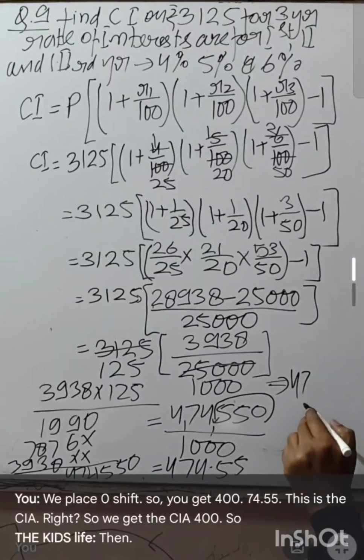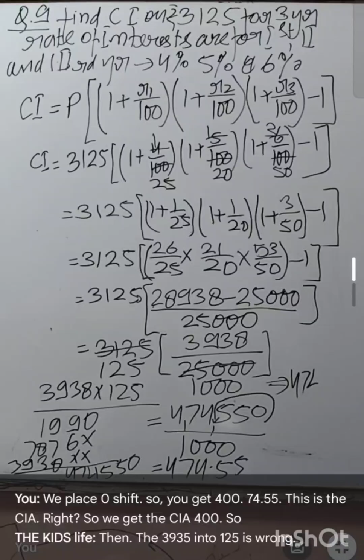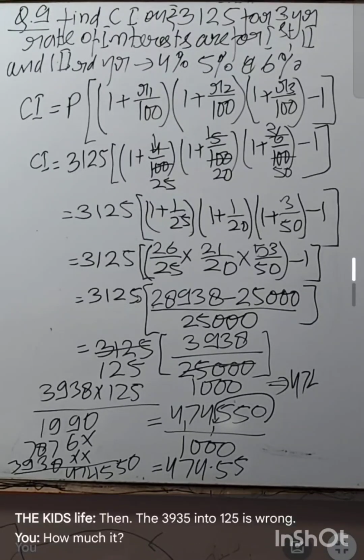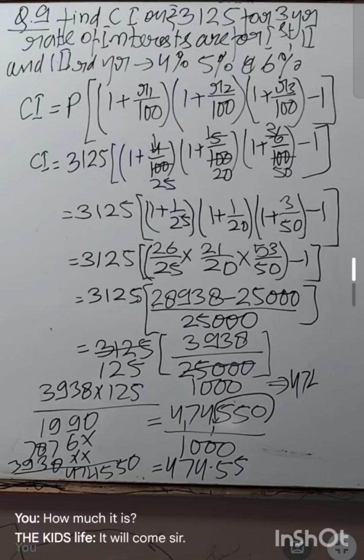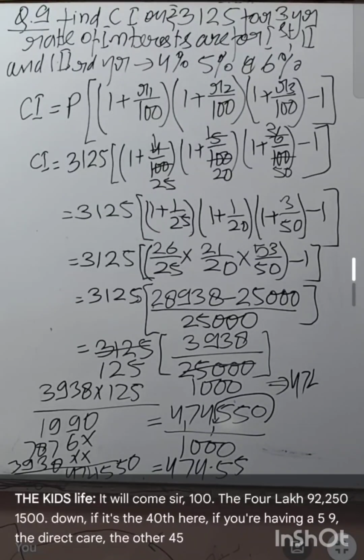Sir, 3,938 into 125 is wrong. How much is it? It will come 4,92,250 rupees, sir. You did 5 times 8 as 40, then 5 times 9 directly as 45.